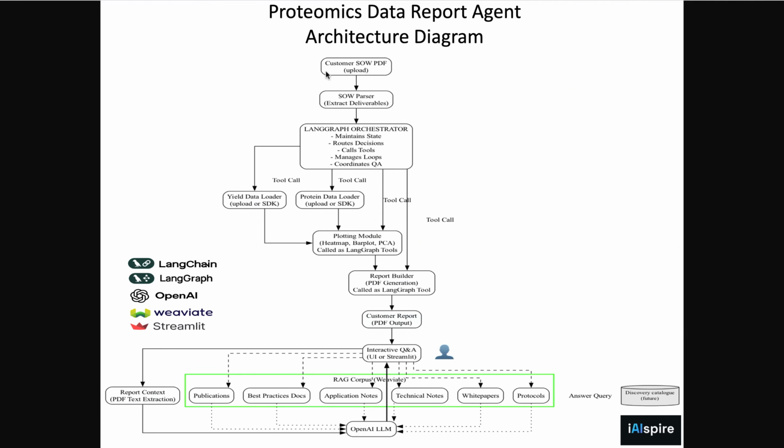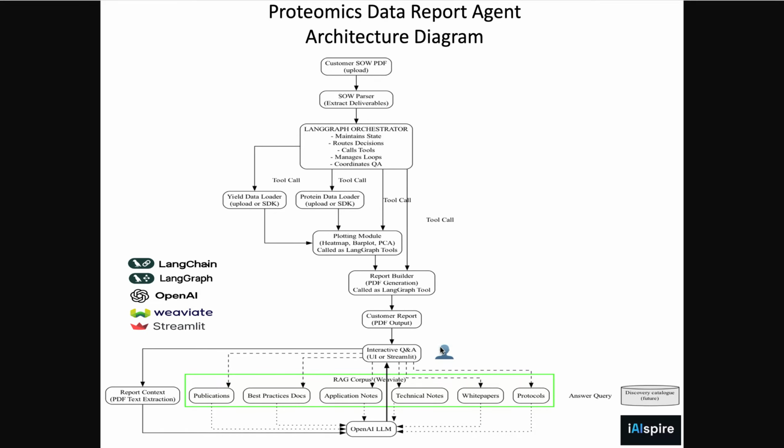Basically, the customer uploads a SOW, which is in the form of a PDF, which is parsed, and then a LangGraph orchestrator takes over and routes all the decisions and calls several tools, such as tools that would parse and work with the yield data, work with the protein group data, and then also generate some of the plots that are required by this particular SOW, and then finally build out the report.